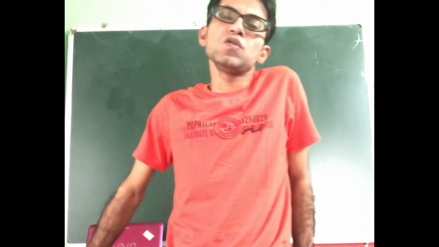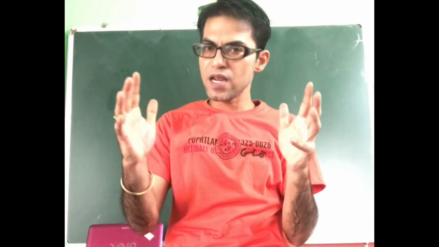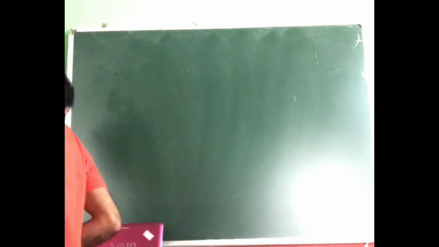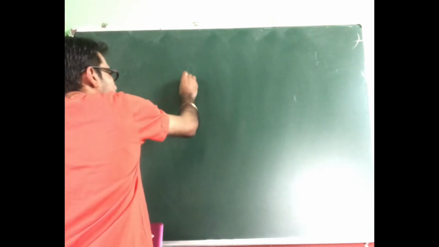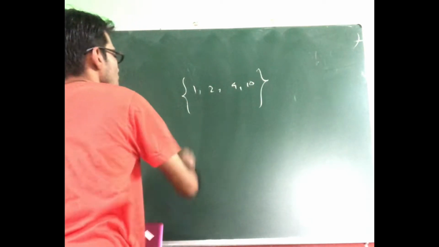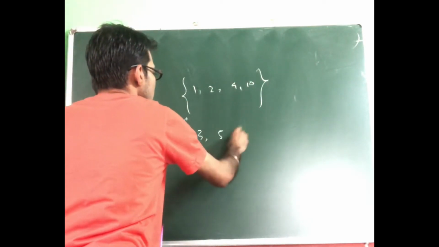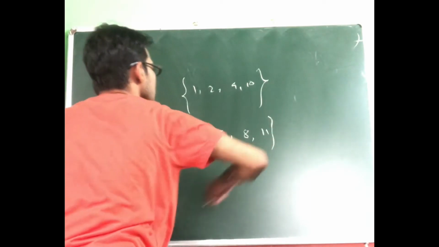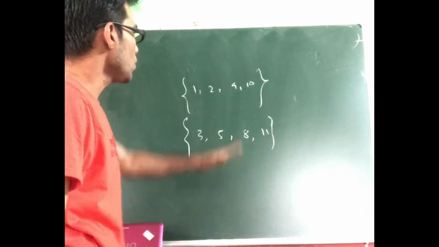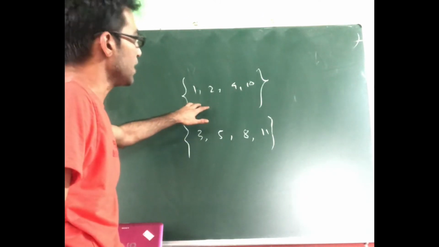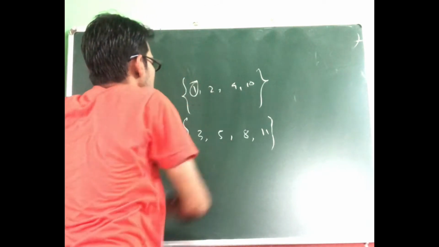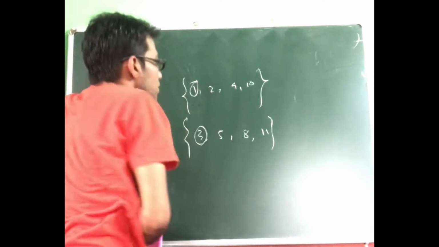Well, let's say I'm taking a set of positive integers, some random set, 1, 2, 9, 10, or maybe another, 1, 3, 5, 8, 11. Whatever set I'm taking, in this set of positive integers I definitely have a smallest element. In this case the smallest element is this one, and in this case the smallest element is this one.